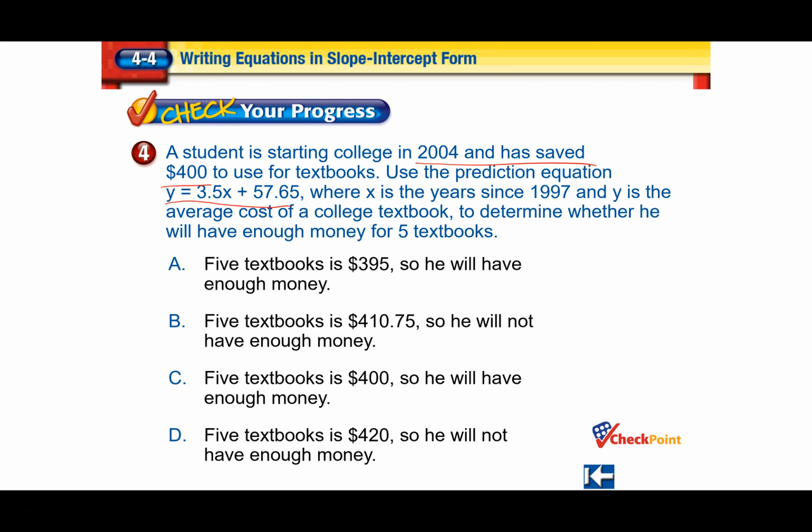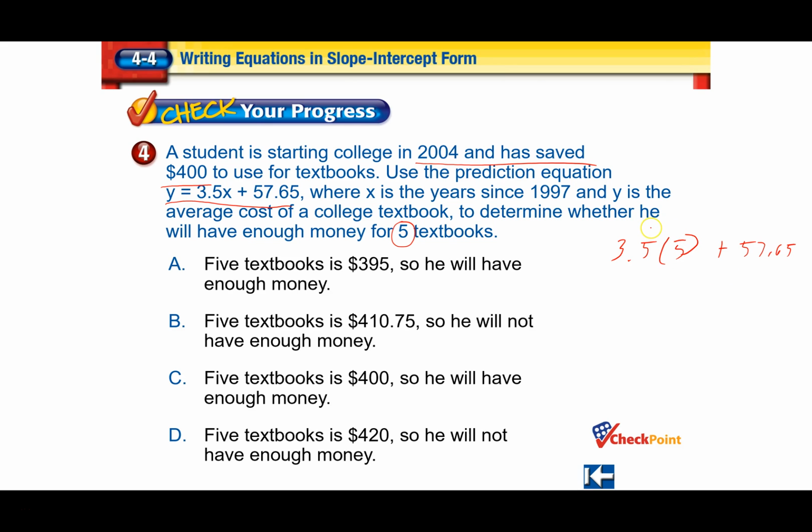y is the average cost of the textbook. So I guess they want us to just insert 5 in for x. So 3.5, and we're going to put 5 in here, because that's how many textbooks he has, plus 57. Wait, that's not right.